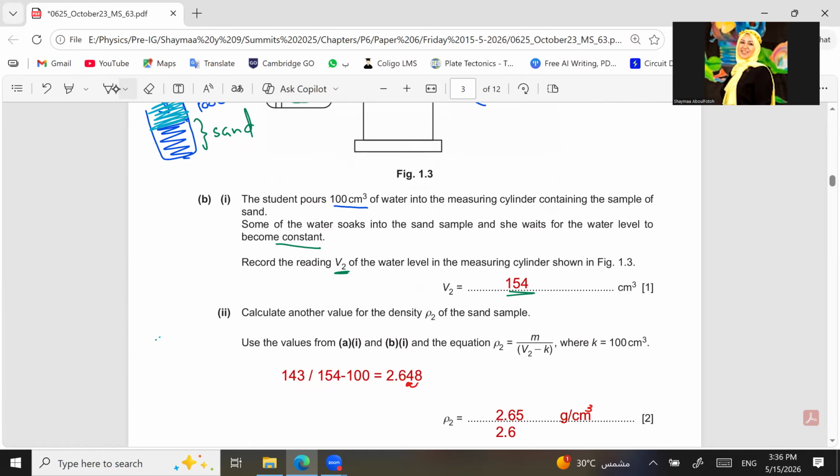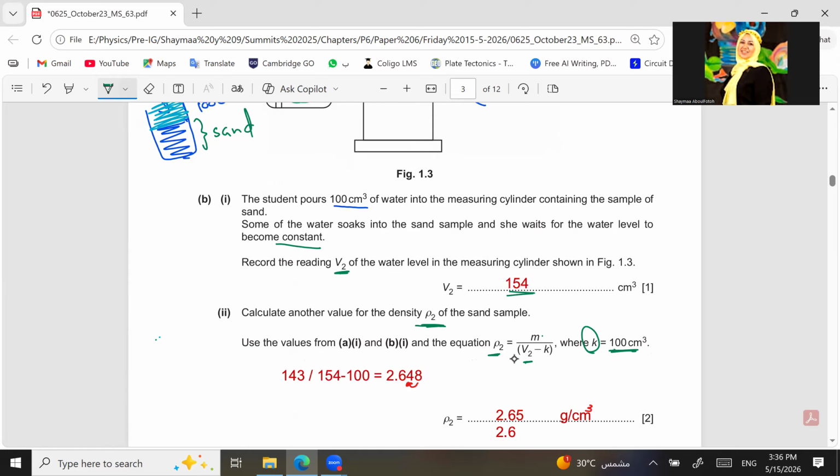Then I need to calculate the density of the sand by using method number 2. Use the values from A1 and B1 and the equation rho 2 equals M divided by V2 minus K, where K equals 100 centimeter cube.